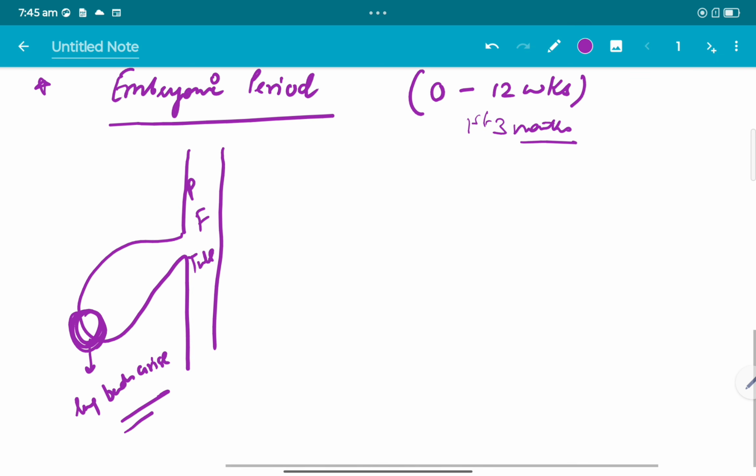Okay, so this is the laryngotracheal diverticulum which arises from the primitive foregut tube. So this is the development which occurs in embryonic period in the airway.